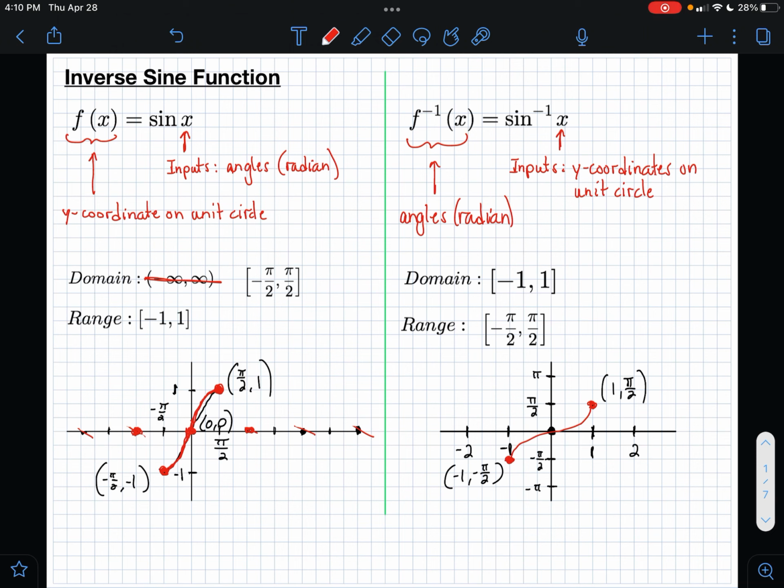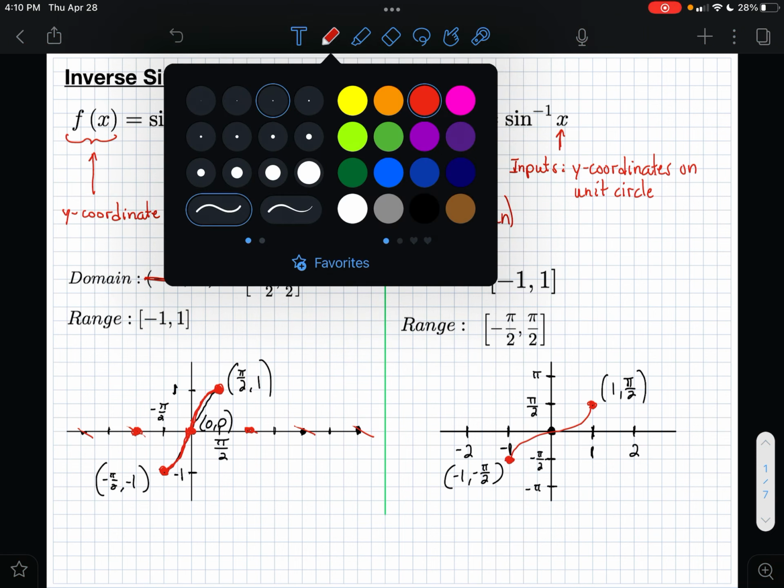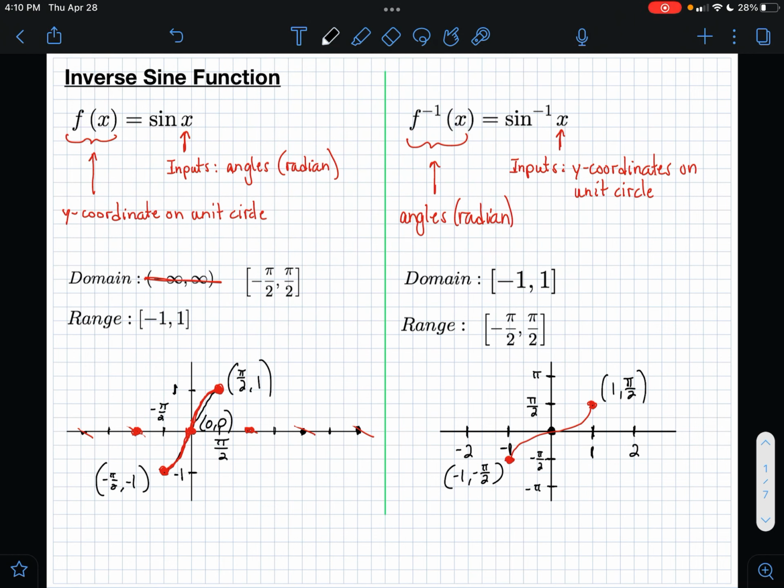That gives us a way to interpret the inverse sine function, and it actually gives us a way to notate it that doesn't use that annoying -1 exponent kind of thing. And that is arc sine of x.